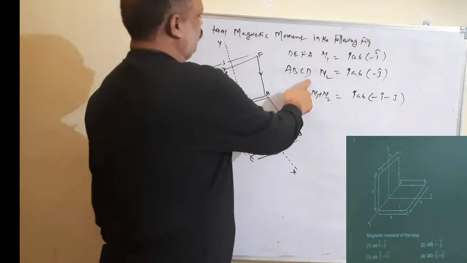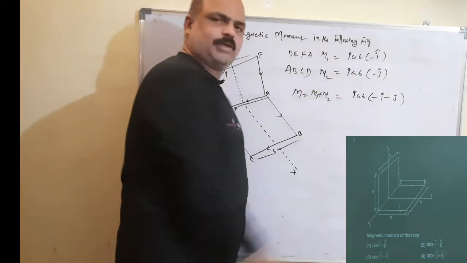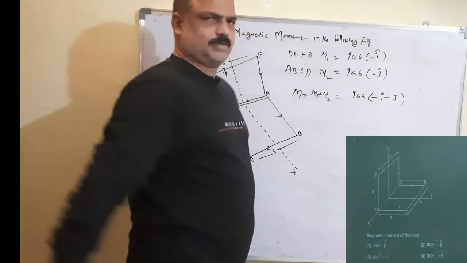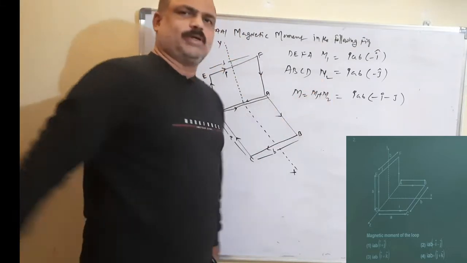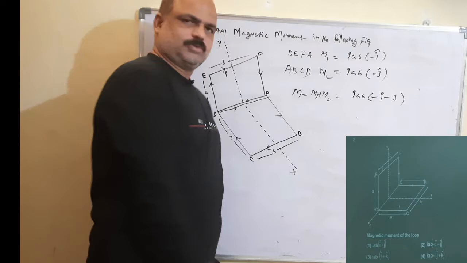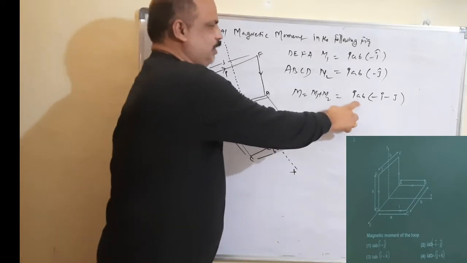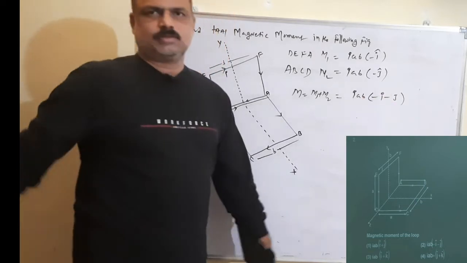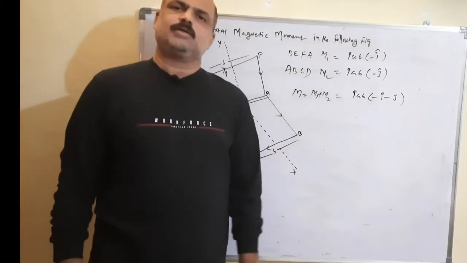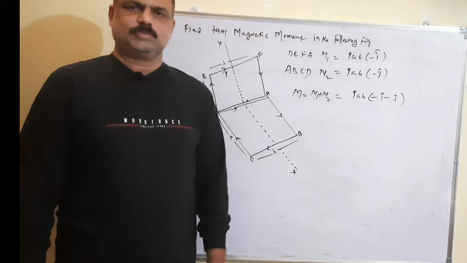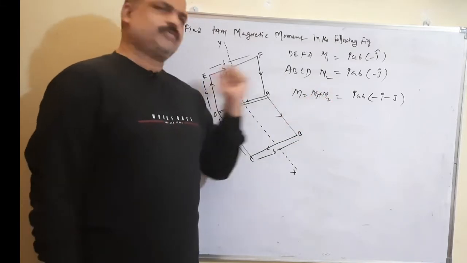So magnetic moment of the ABCD loop M2 is equal to IAB into minus j, unit vector along the y-axis. The total magnetic moment M is equal to M1 plus M2, that is equal to IAB into minus i minus j. So the second option is correct. So this is the solution of this question.